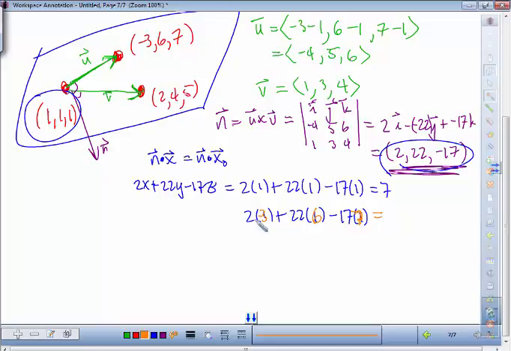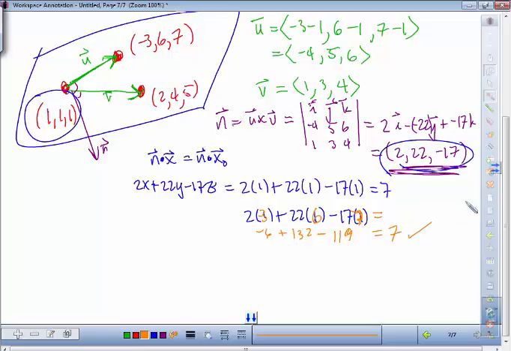So this is going to be negative 6, 22 times 6 is 132, 7 times 17 is 119, and let's do this subtraction. Equals 7.